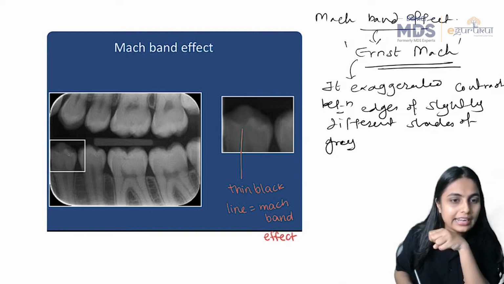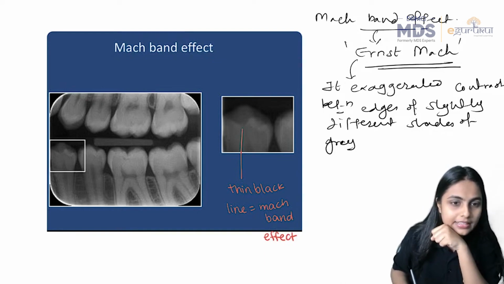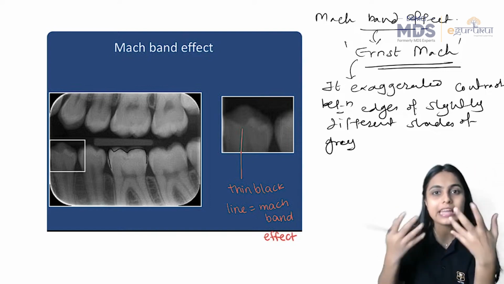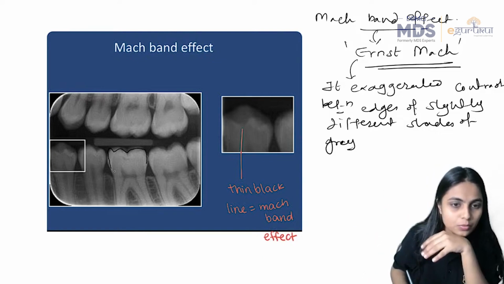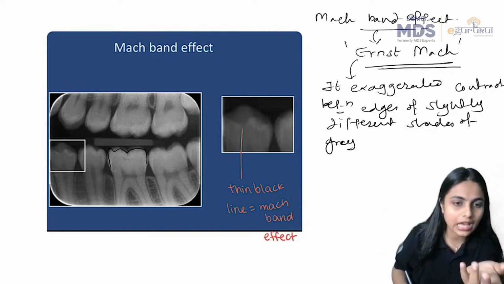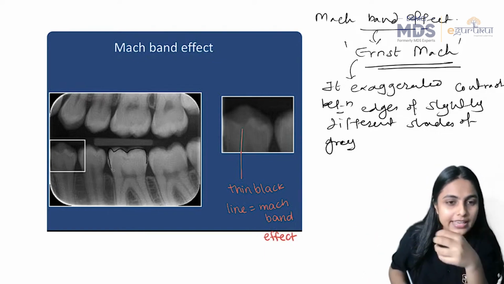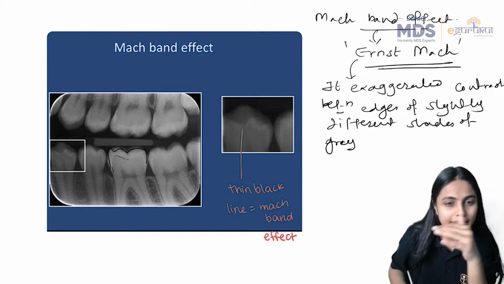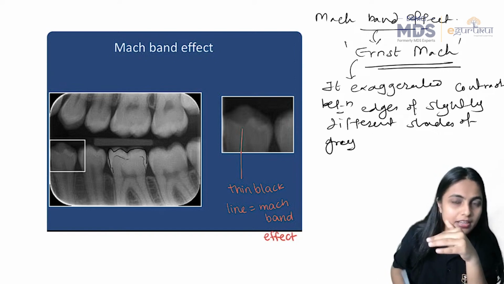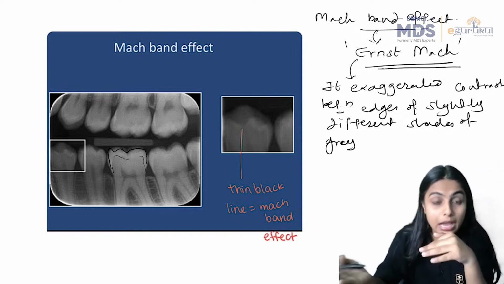If you look at this radiograph, the outer structure is more radio opaque, which is enamel. The inner structure, dentine, is less radio opaque than enamel. So the outline of the dentine appears a little radiolucent as compared to enamel.